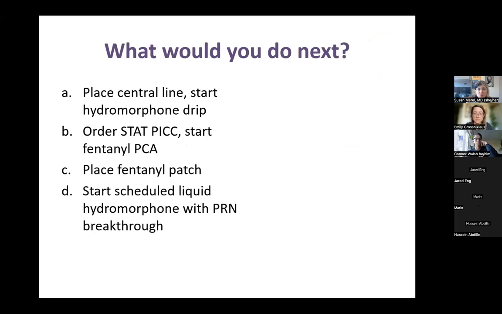So do you put in a central line and start a drip? Do you order a PICC and start a fentanyl PCA? Do you place a fentanyl patch? Or do you start scheduled liquid hydromorphone with breakthrough?